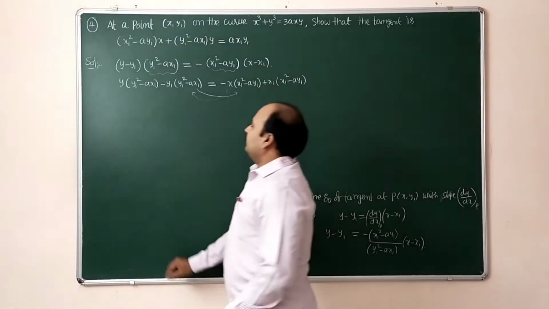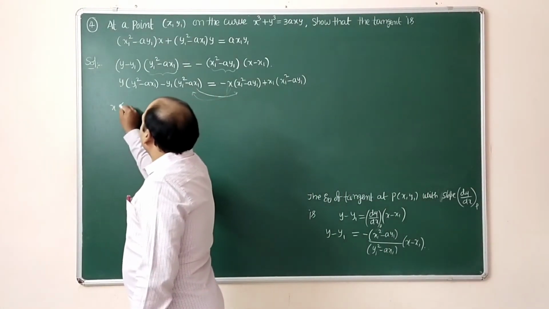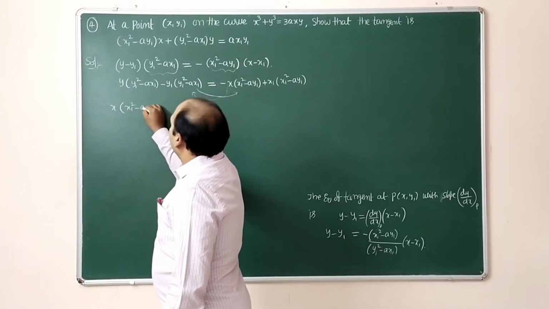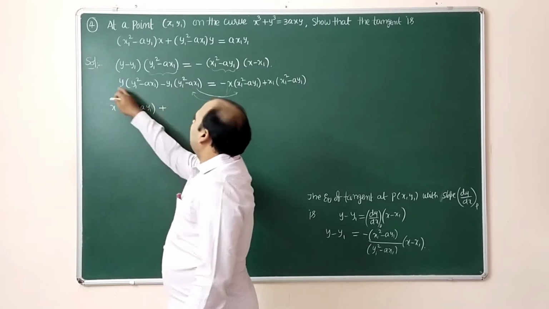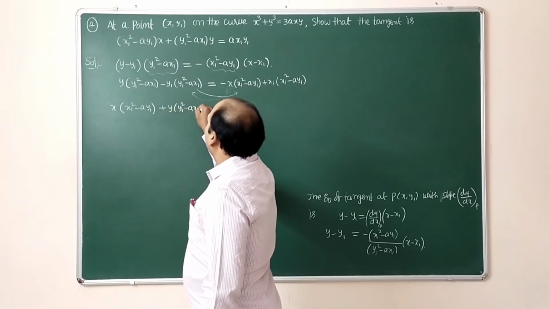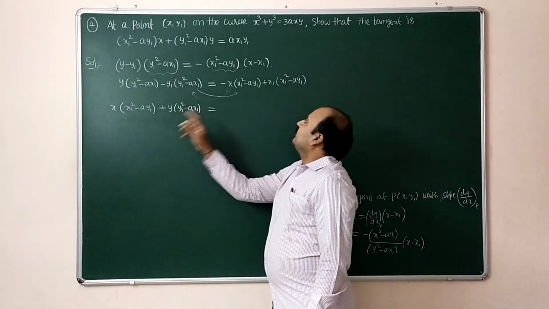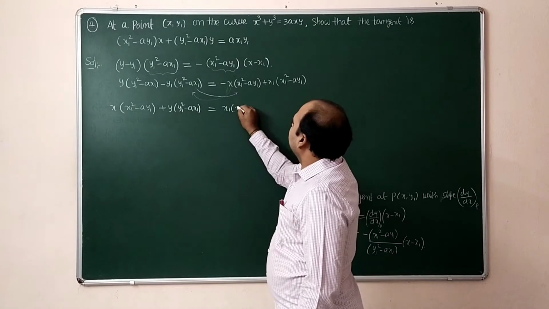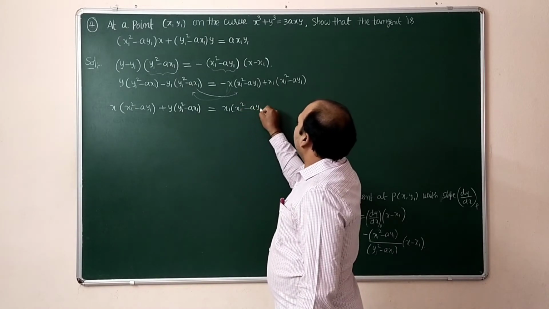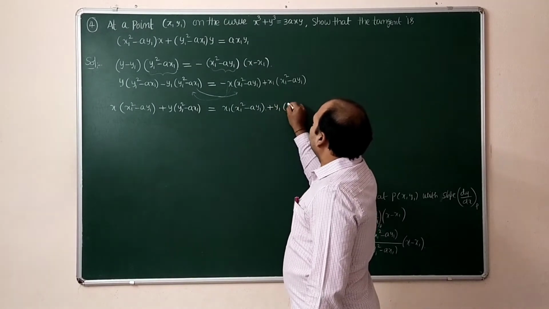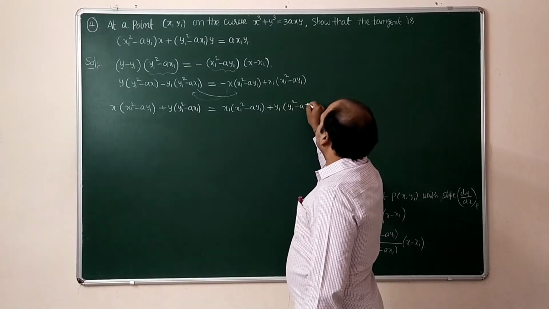You remember that. So now x into x1 square minus ay1, plus already y is there here, y into y1 square minus ax1 is equal to, here already plus x1 into x1 square minus ay1, the minus term we are taking to this side, plus y1 into y1 square minus ax1.